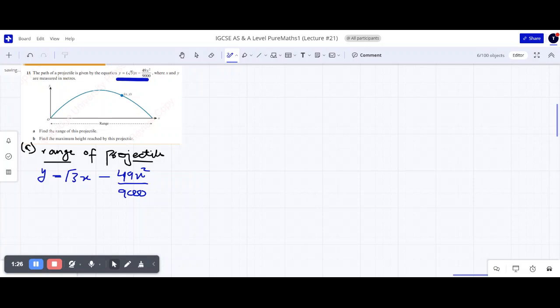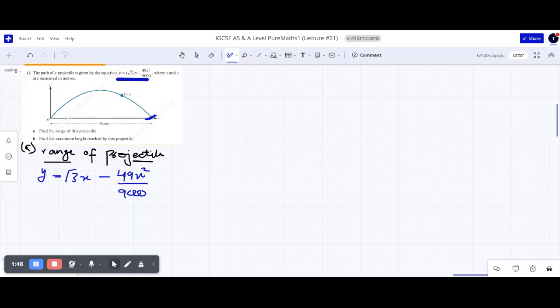When the projectile lands back on the earth, at the ground level, the range would be the value of x.